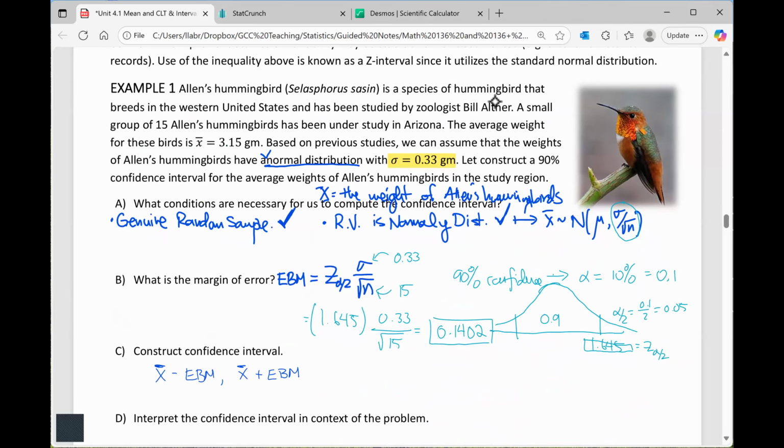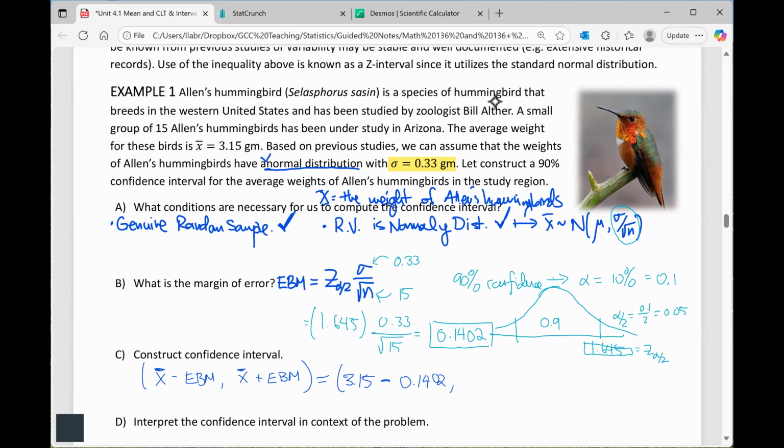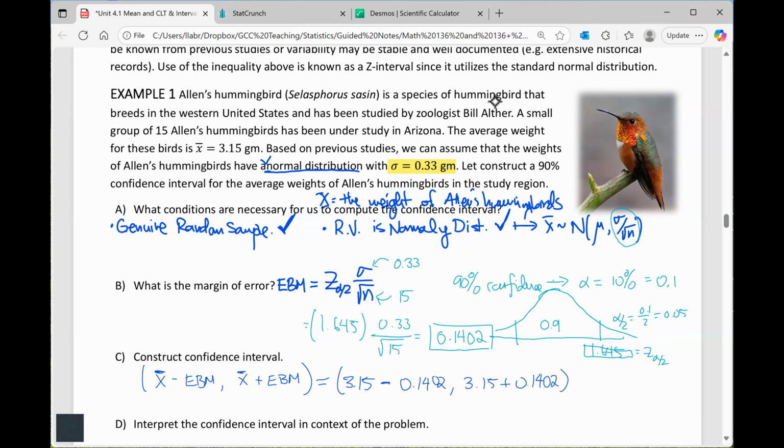And you're going to get two values. So let's go ahead and substitute here. X bar is my sample mean. That's 3.15. And then I'm going to subtract this value, 0.1402. Do the same thing for the right-hand side, 3.15. This time we add 0.1402.